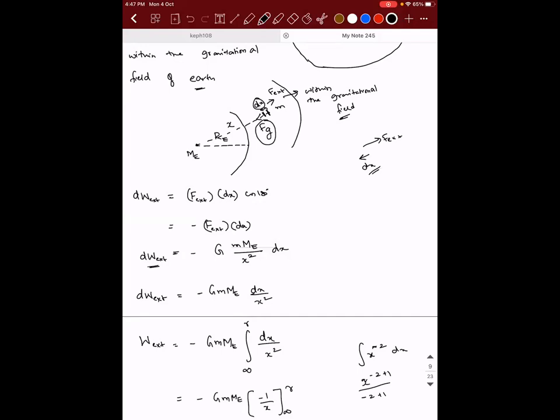The first curve or the second one? Second curve is the gravitation. First curve is Earth's surface. Sir, and the point mass is already lying inside the gravitational field. Yes.